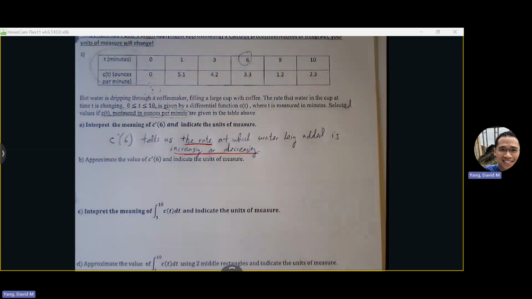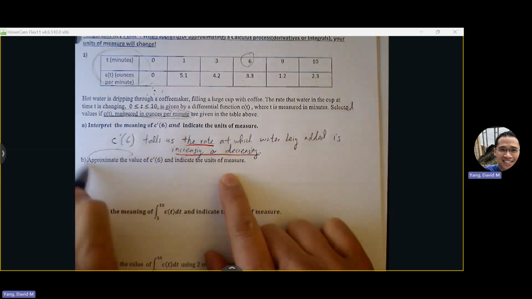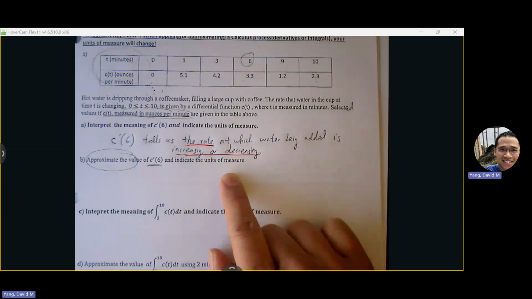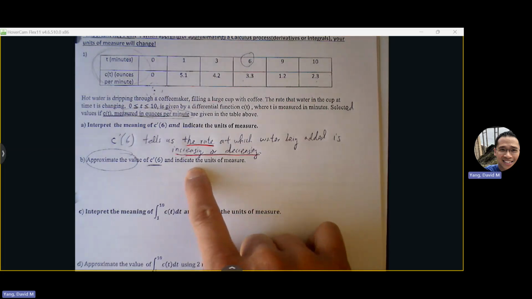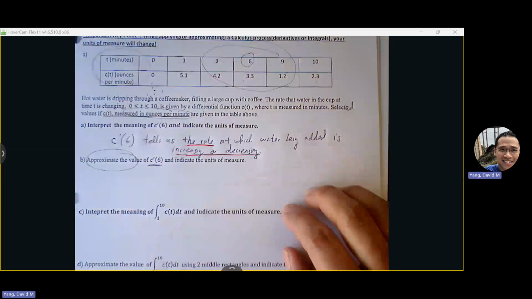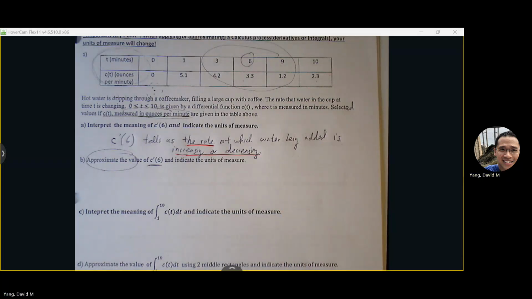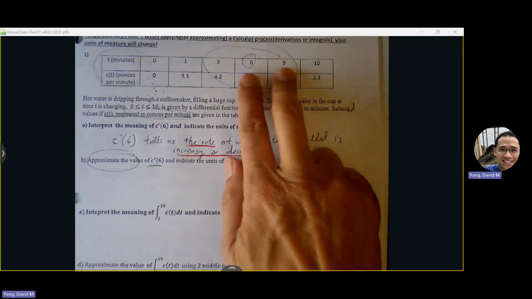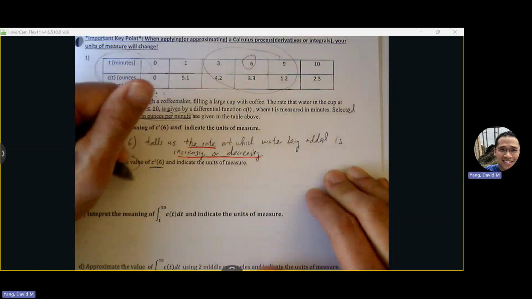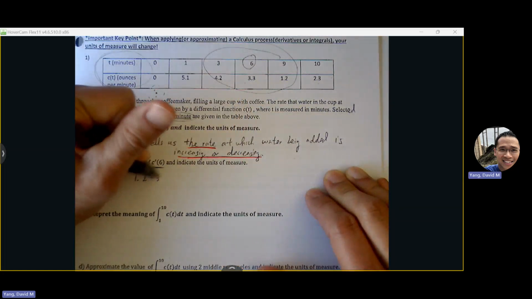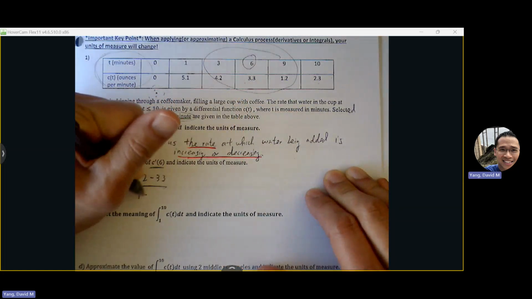So it says approximate C prime of 6 and indicate the units of measure. We don't have enough information to find the derivative, but we can do slope, and we can choose any of these 3 points to find our slope. So I'll choose the last 2 here. I'll do 1.2 minus 3.3 over 9 minus 6.